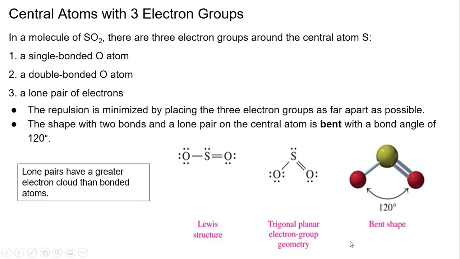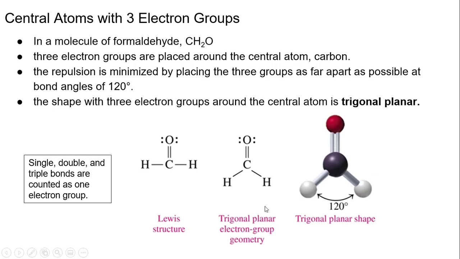And here's a key, and it's in your book, and I copied it exactly as it says in your book. Central atoms that have more electron groups than bonded atoms, the shape and the electron group geometry have different names. This is a perfect example of it. In the ones that I've shown here, the shape and the geometry have been the same because they're all bonded atoms.